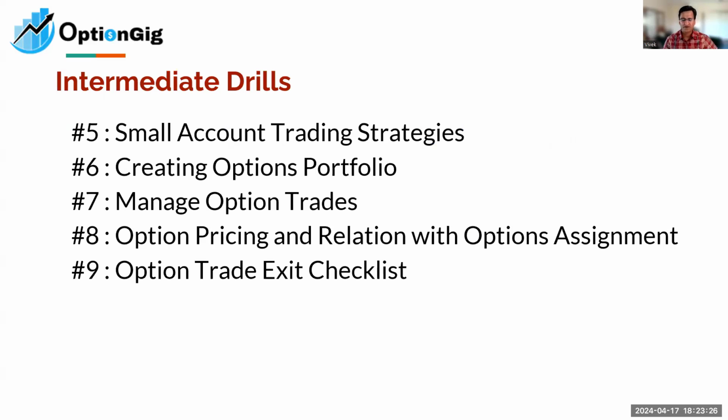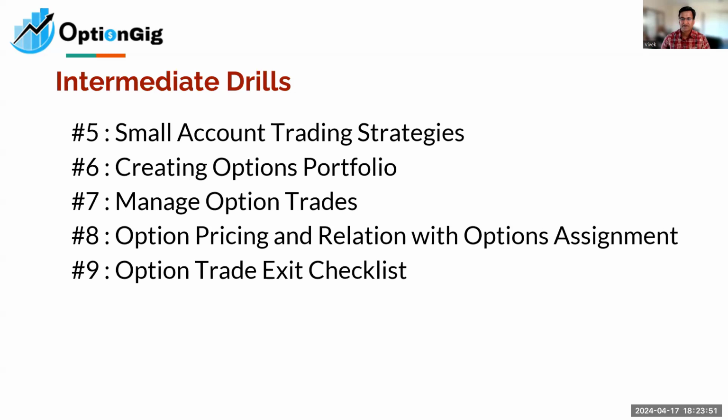We're going to talk about some small account option strategies. Everyone starts small, so we're going to talk about spreads. Number 6 will be how you can create an options portfolio. I'm going to take a $25,000 account and we'll build positions, a well-diversified portfolio, using just options.